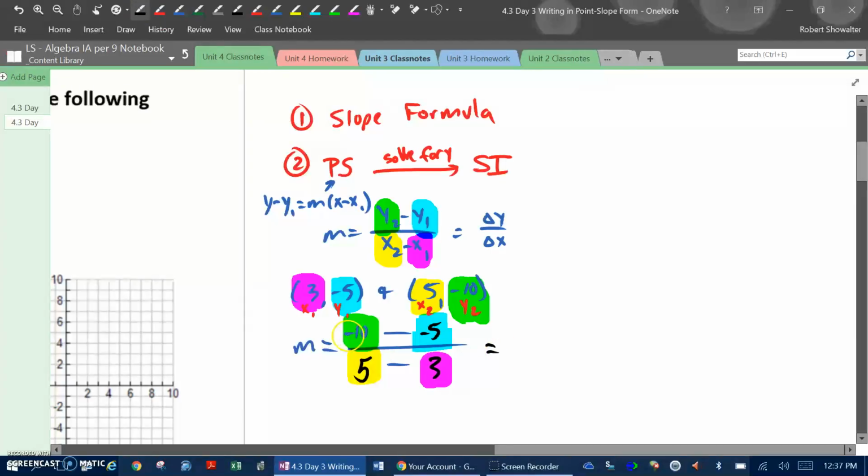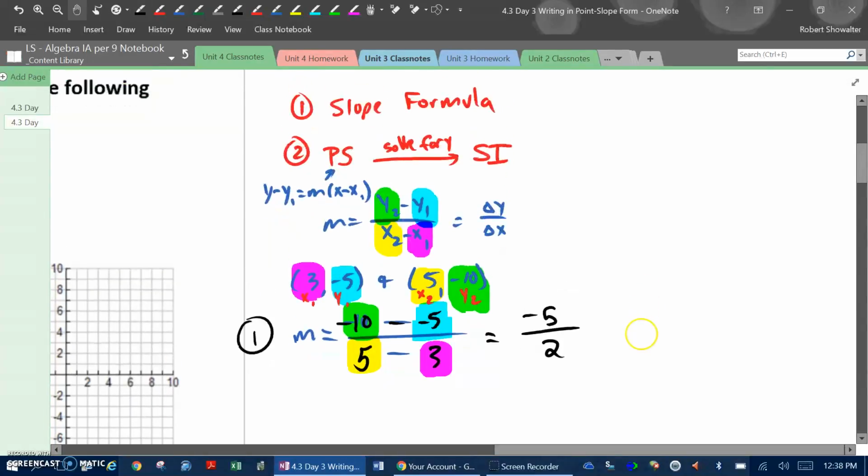And then we simplify. So we've got -10 minus -5. -10 minus -5 is actually -10 plus 5, which is going to be -5. And then we have 5 minus 3, which will be 2. So we then have our slope of -5 halves. So that's the first one I wanted to talk about with you.